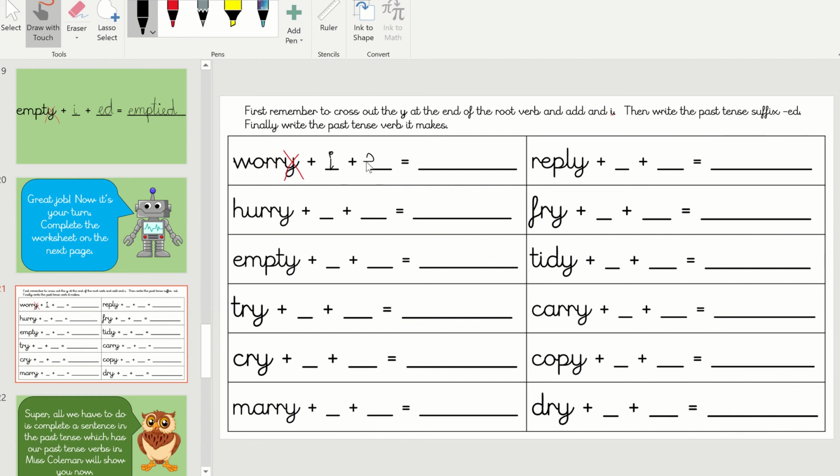Absolutely right, the past tense suffix ed. And then what have we got to do? Write the whole word. Brilliant. So the past tense of worry is worried. And then you would do the same with all the others. Fantastic. Let's move on then.